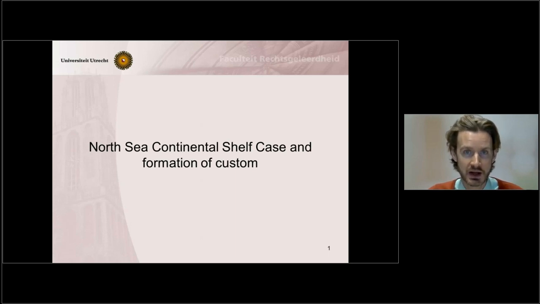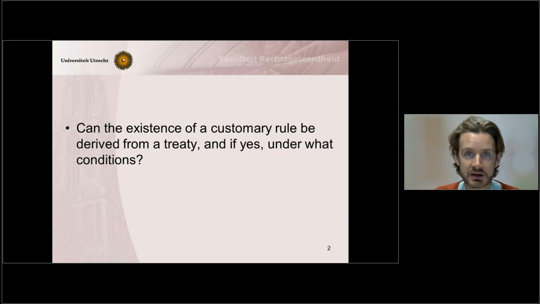And so it's about the relationship between, on the one hand, treaties and on the other hand, customary international law. So this is the basic question that I want to address. Can the existence of a customary rule be derived from a treaty, and if yes, under what conditions?